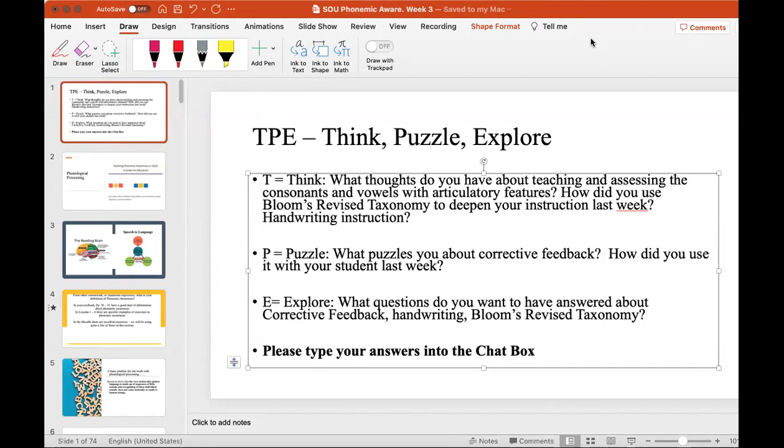I wanted to get a sense of whether anybody used that in your work with students, and how it could deepen your instruction, both in teaching the consonants and the vowels and also handwriting. And then also questions about corrective feedback. I know that a number of you used it. I really want to know some of the questions that you want answered about corrective feedback, handwriting, and Bloom's revised taxonomy. So I'd like you to respond to that in the text right now. Can you do that for me, please?